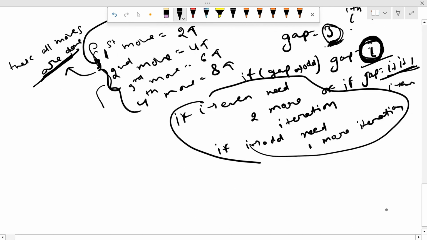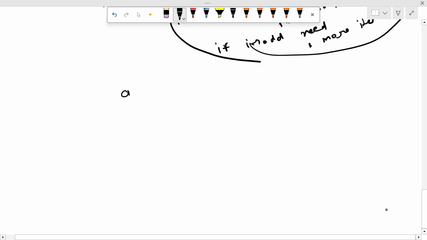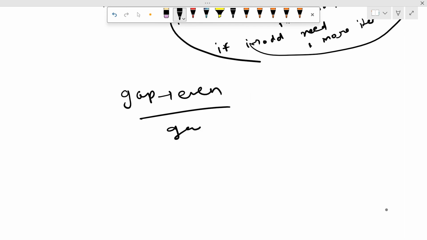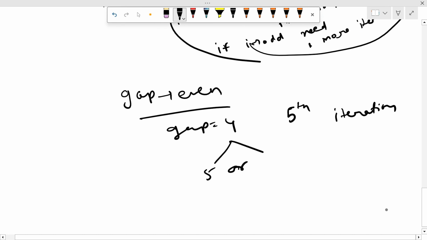Now let's see that our gap is even. Let's say our gap is 4 and we are on the fifth iteration. Okay, so what do we want? If our gap is 5 or our gap is 5 plus 6, or our gap is 6. Now why 6?